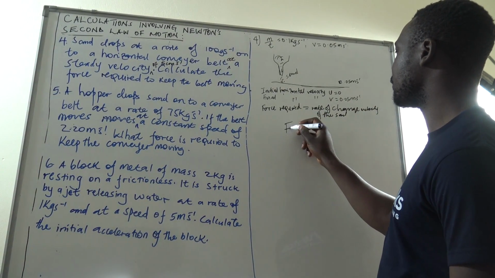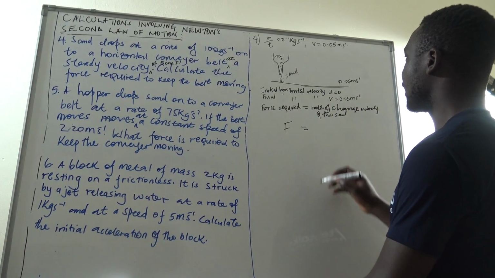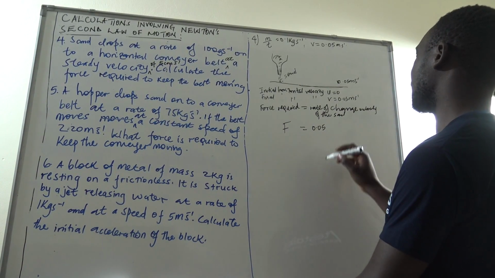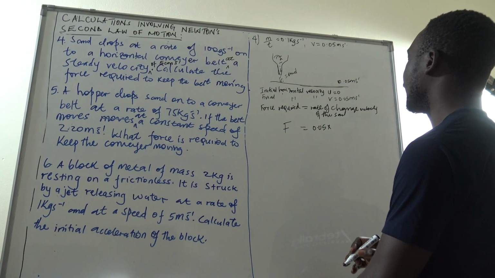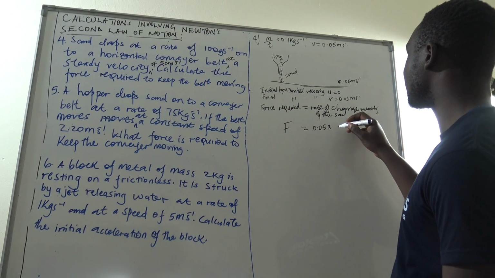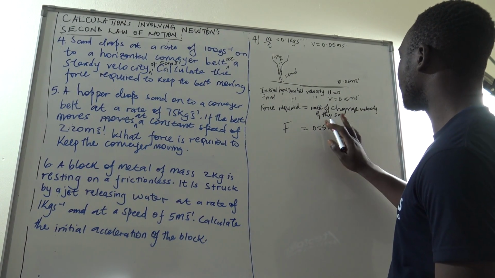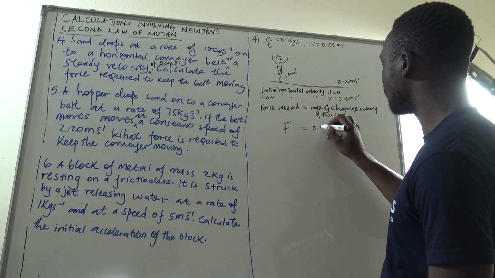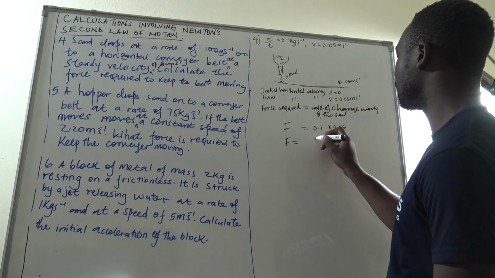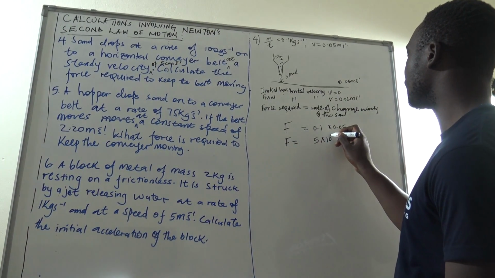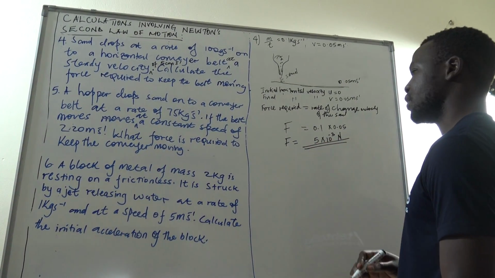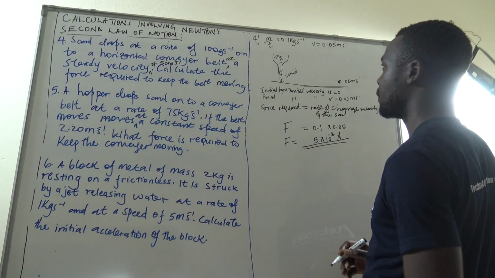So our force F is equal to the rate, which is 0.1, times the final velocity minus the initial velocity. So this is 0.1, which is the mass rate, times the velocity 0.05. We see that this force is 5 times 10 to the power minus 3 newtons. So this is the force that we needed for the first question.